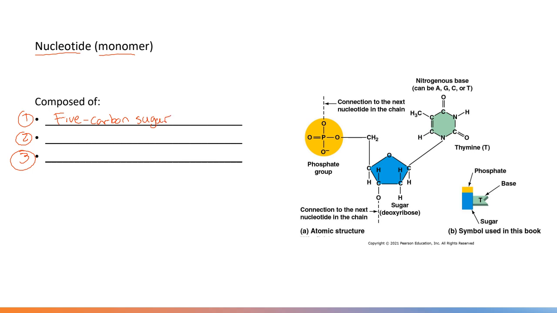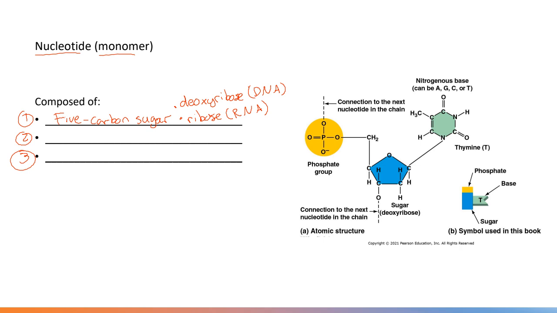The difference between DNA and RNA is it's either going to be a deoxyribose. Okay, this is the sugar for DNA, or it's going to be ribose. And this is the sugar for RNA. Okay, and this is going to be the sugar over here.